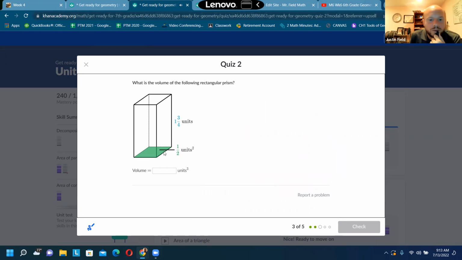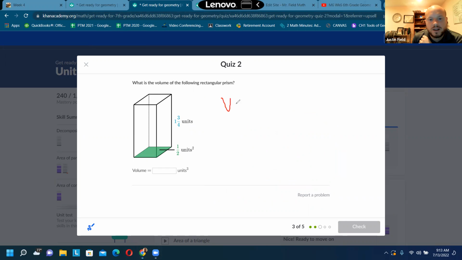And the volume. So what I would like you guys to think about for volume is think about the volume as the base area times the height. I want to write it in all capital letters, evidently. Okay, so the base area, they have given us 1/2 units squared, and then they gave us the height here.